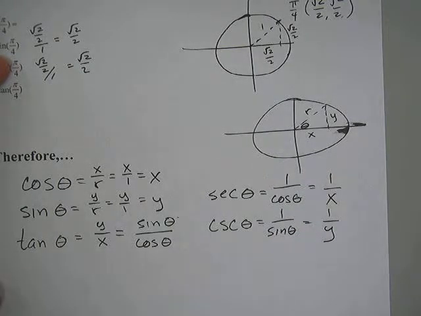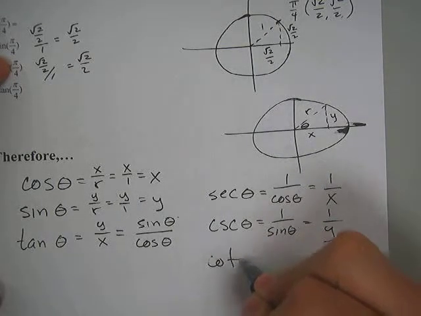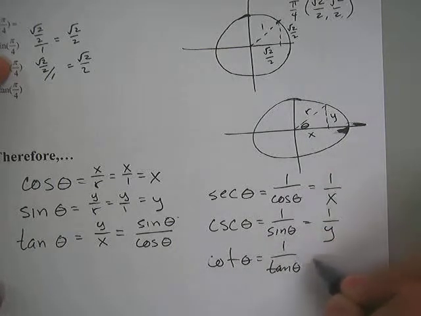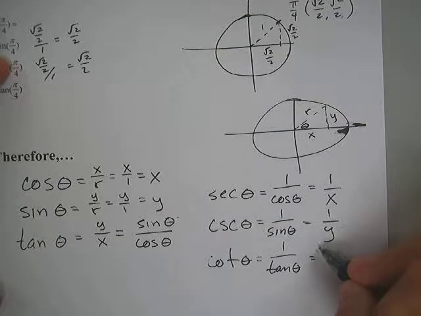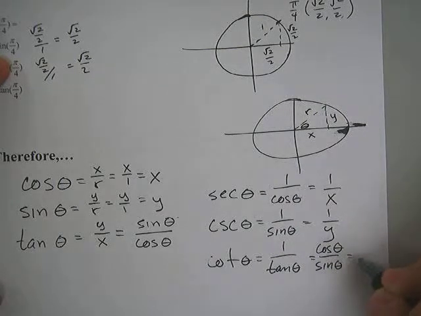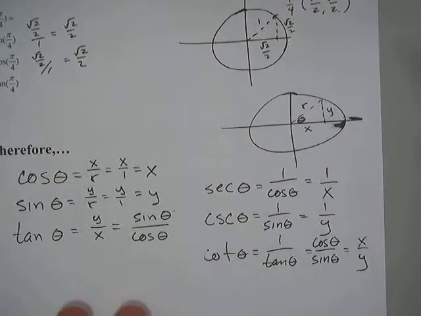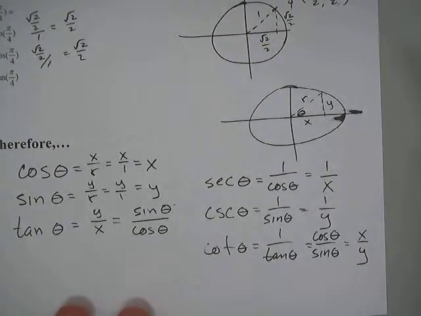If I were to do cosecant of theta, that'd be 1 over sine, which is 1 over y. And if I were to do cotangent of theta, that'd be 1 over tangent, or cosine over sine, or x over y. And they all mean the exact same thing.